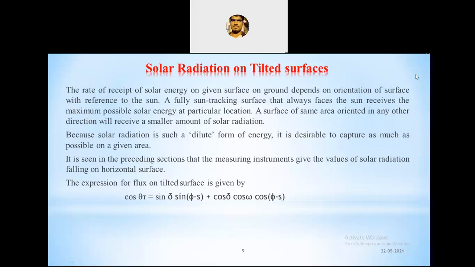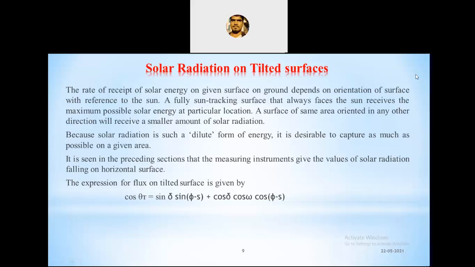We will see in the coming sections the measuring instruments, like the pyranometer. Those measuring devices will give more readings when they follow the sun tracking system. If you place it in one particular direction, it is maximum only in that direction, and when the sun passes that direction, the radiation slowly depletes.